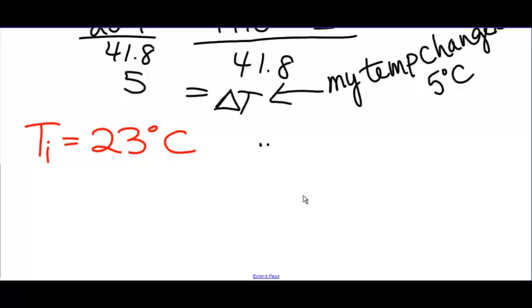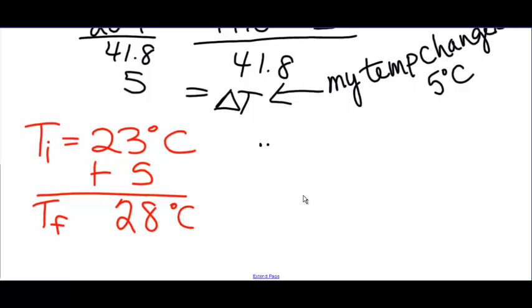Okay, I'm adding heat, right? Is that what I'm doing in this problem? Yeah. It absorbs 209 joules of heat, so I should get hotter, right? So if I started at 23 and my change in temperature is 5, I will add 5 to that, and that will give me my TF, which should be 28 degrees Celsius.